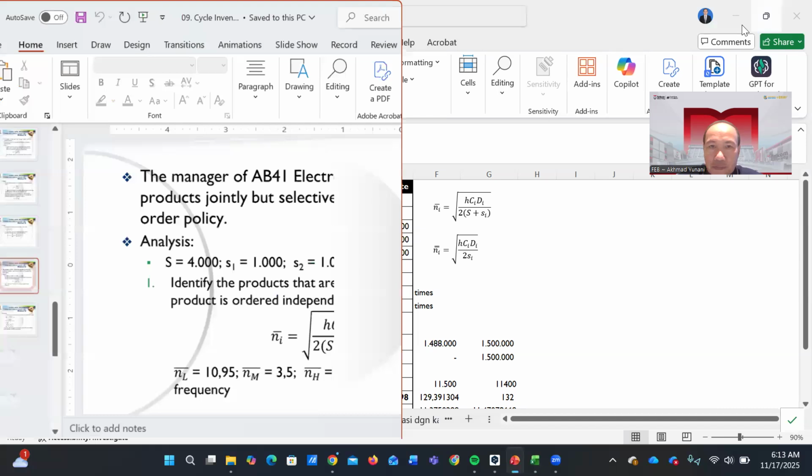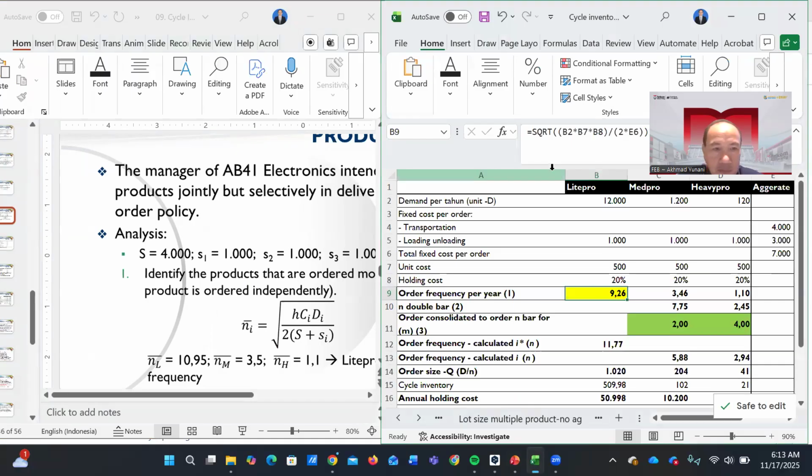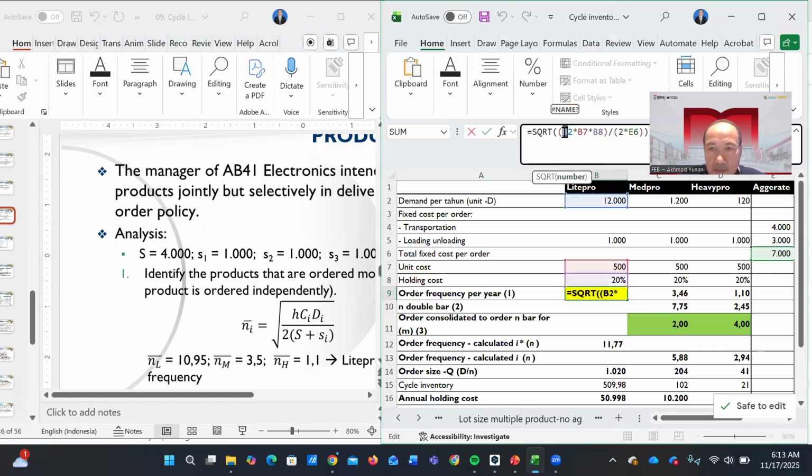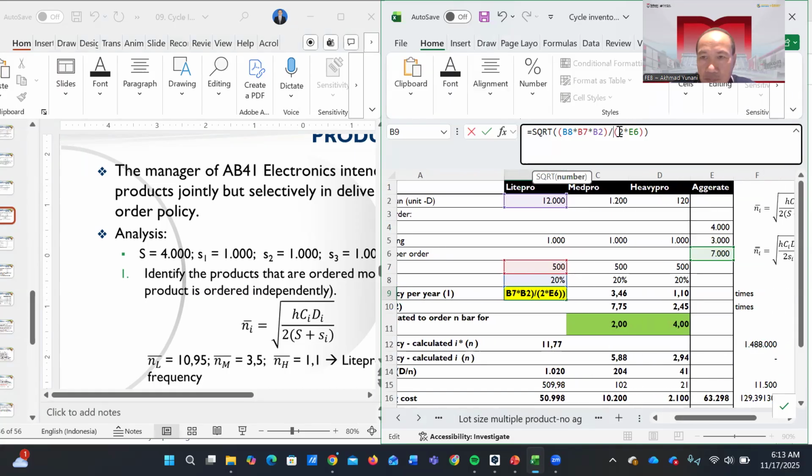Okay, for each brand, square root of h times CI times DI, then divided by 2 times S plus SI.